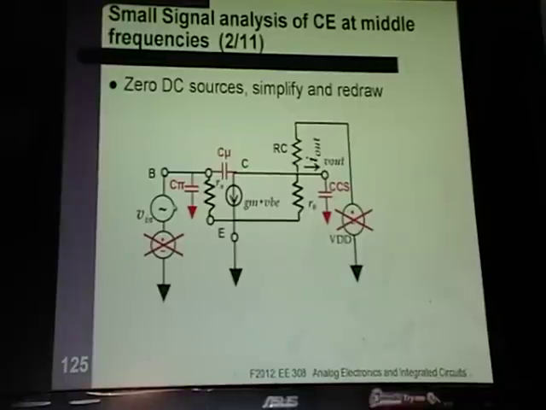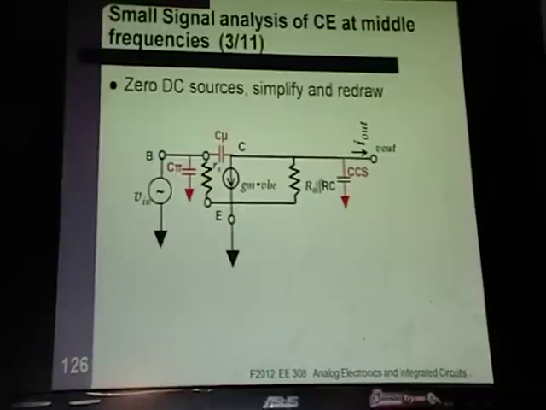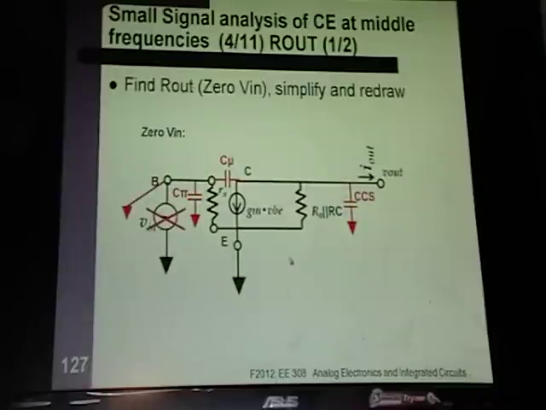Okay, and your RO is in parallel with RC, which is also in parallel with CCS. Okay, and let's say we want to find R out. So if we want to find the gain of this thing, you want to find R out and GM again. So if you want to find R out, you zero the input.